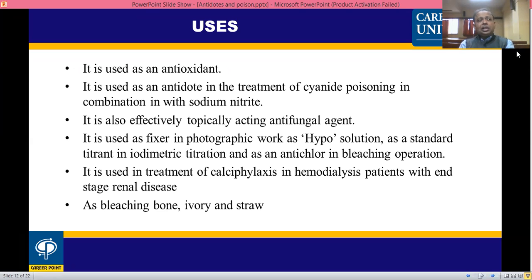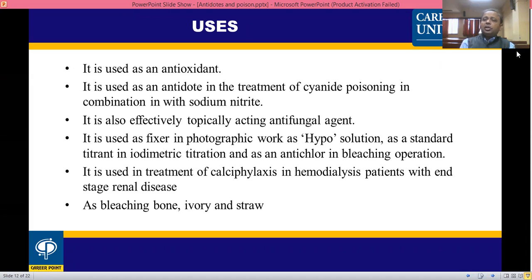Sodium thiosulfate is also used as an antifungal agent, and in different applications: bleaching of bones, stains, and ivories. It also has bleaching properties.